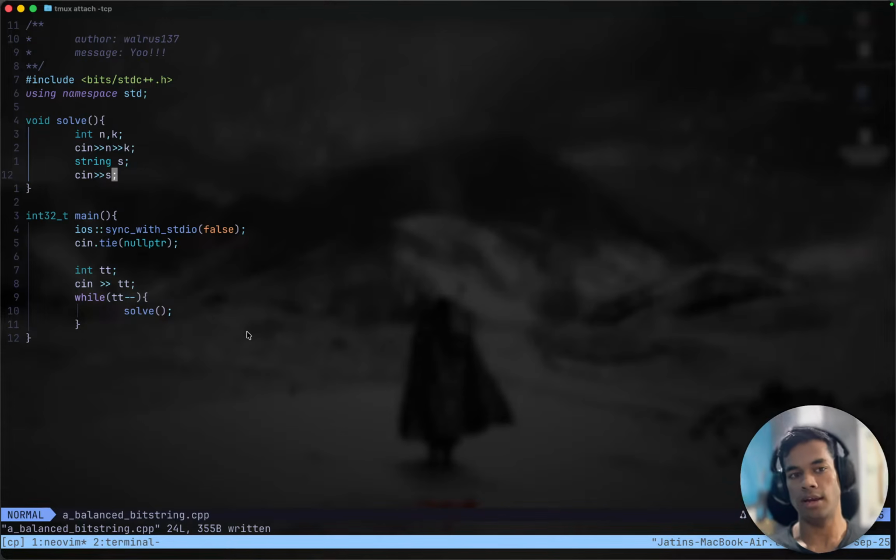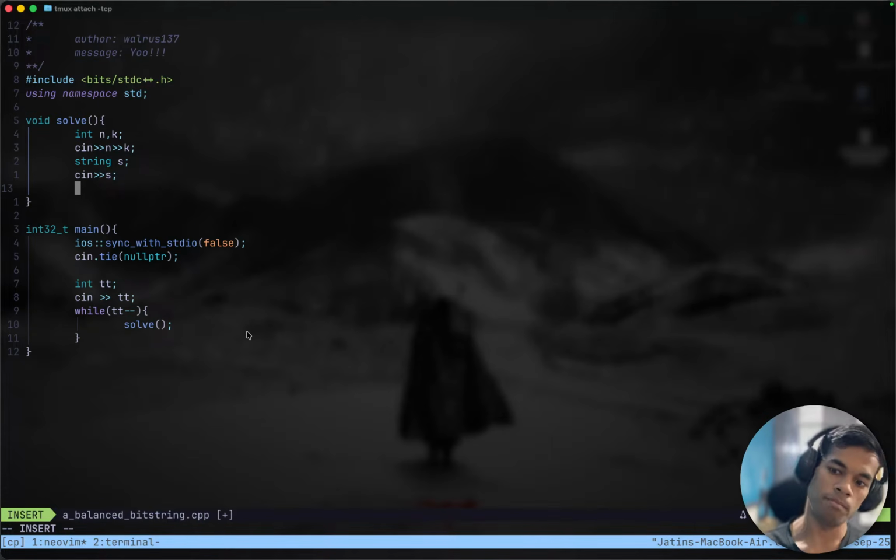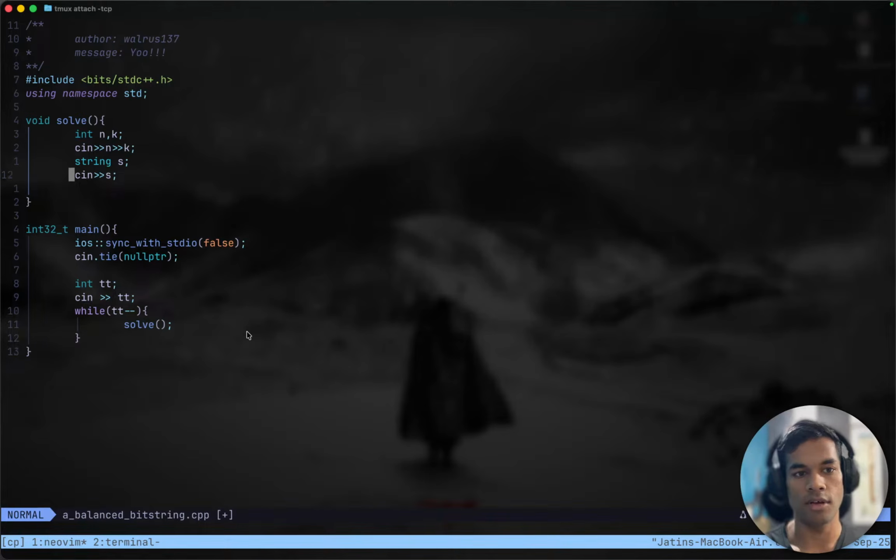And at the end, there might be some remainder when we divide n by k. So we want to remove them, or extend that chunk and make s big enough so that s is completely divisible by k. And we want to do that in a way that does not affect our final answer. So we can just add enough question marks at the end of s to make s completely divisible by k.